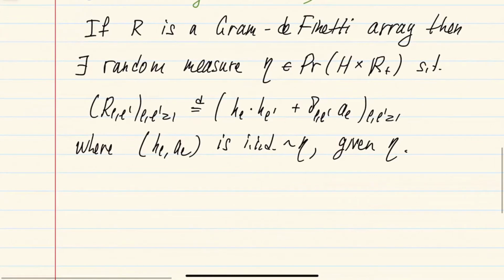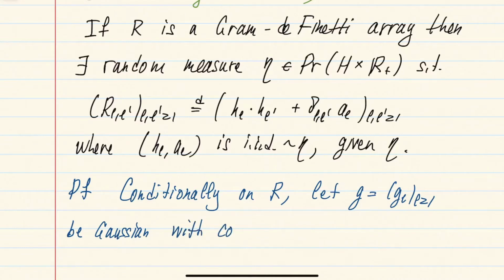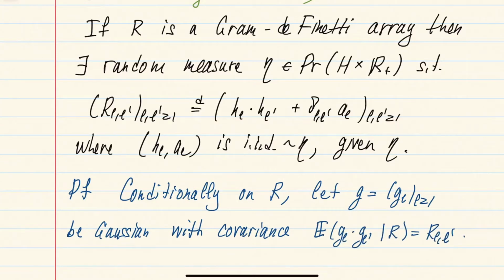Begin the proof here by defining this auxiliary array, which will be actually a Gaussian array conditionally on this array R that we start with. So conditionally on R, let G be an infinite sequence which has Gaussian distribution with covariance given by our array R. And of course, since our array is non-negative definite, such a Gaussian distribution exists, or such a Gaussian sequence exists.